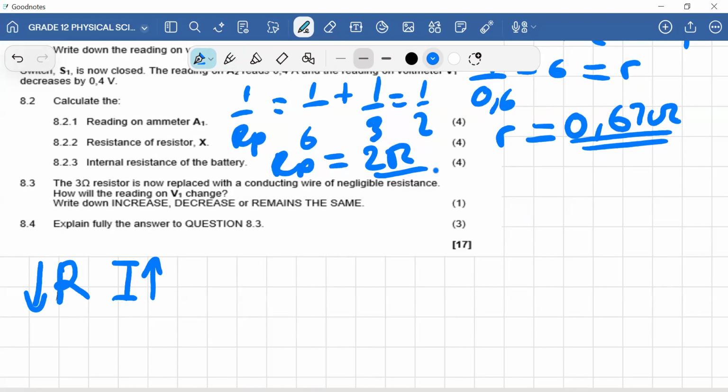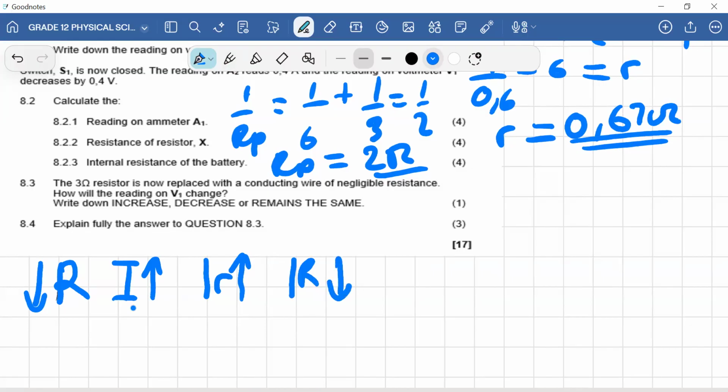And then the V internal, which is given by this, will also increase. And the V external, which is given by this, will now decrease.